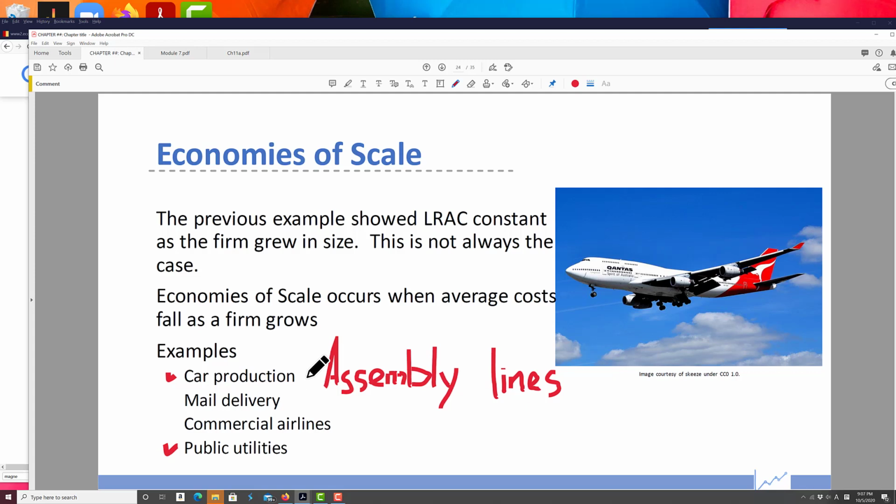And production cost was very high, and there were more than 100 car production firms in those days. Public utilities are another example, like the water company or electric company. Their factory or plant facilities are so large it costs millions and millions of dollars to bring water.